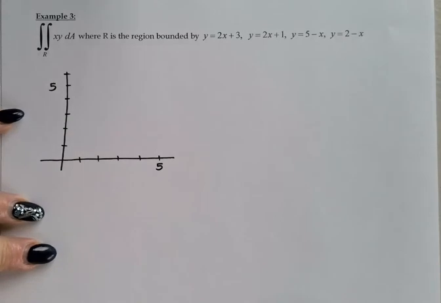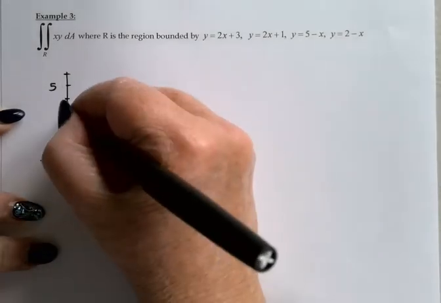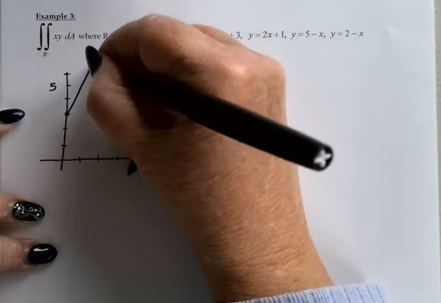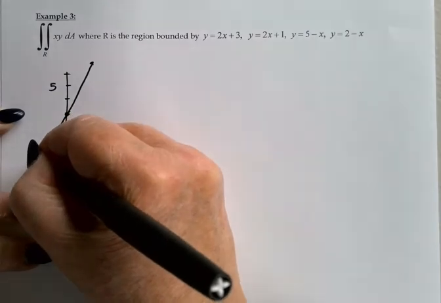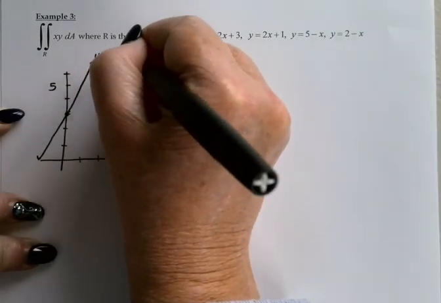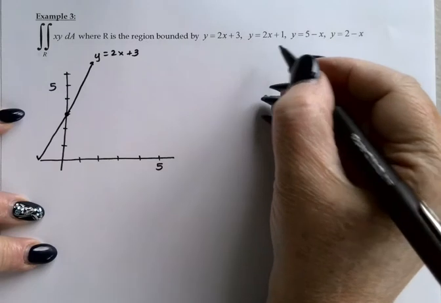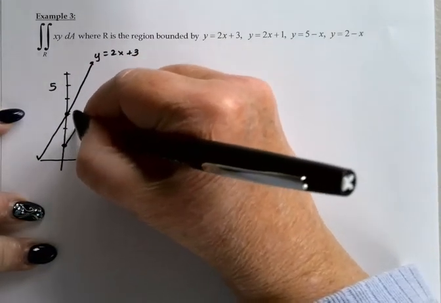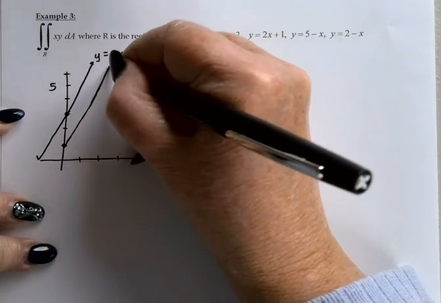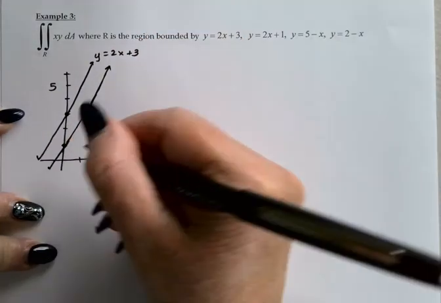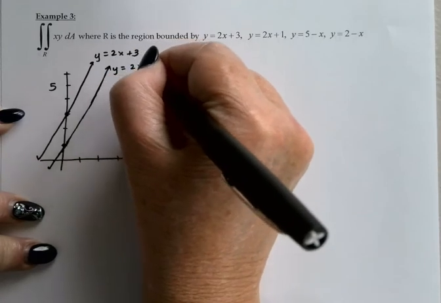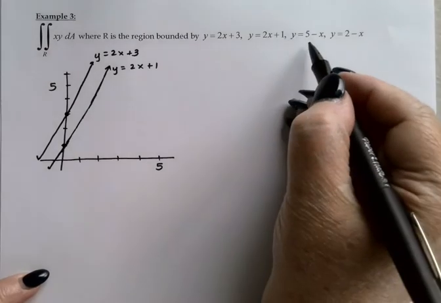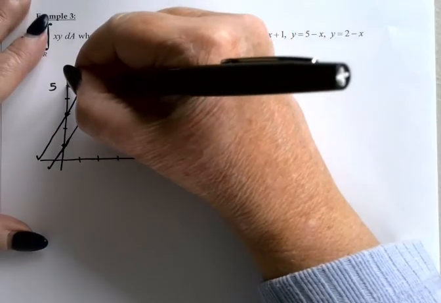All right, we've got y is equal to 2x plus 3. We've got y equals 2x plus 1, so a parallel line down here with a y-intercept of 1. And then we've got y equals 5 minus x.